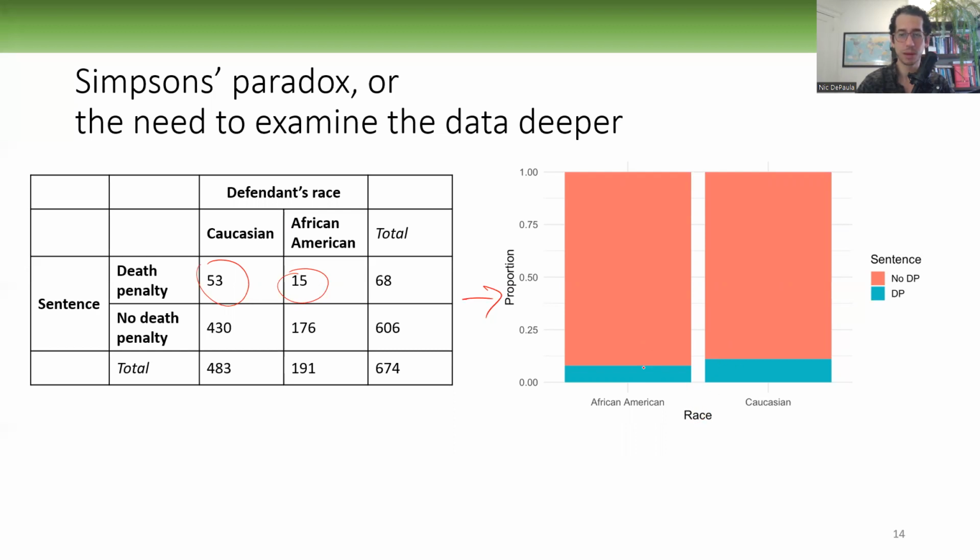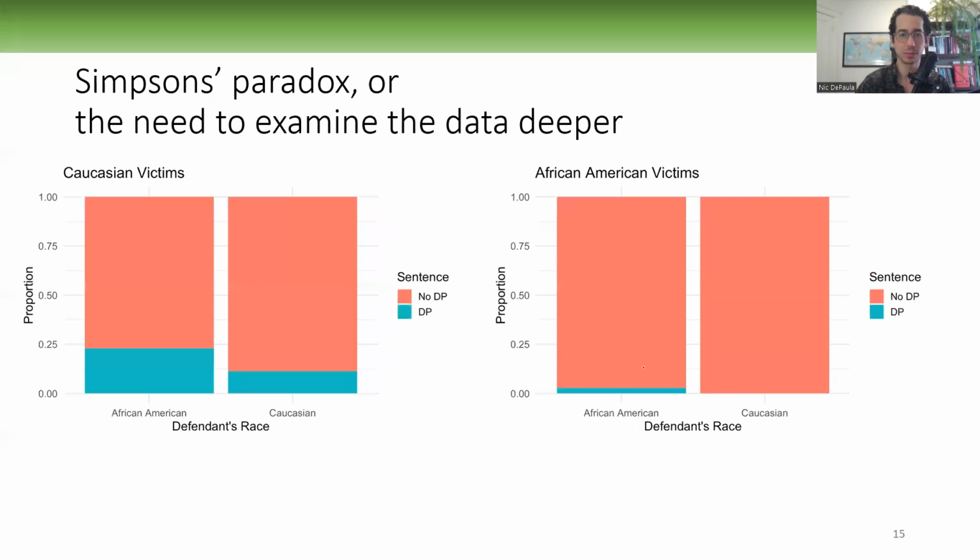The problem is that another relevant variable that is impacting these results that we're not looking at is the victim's race. So when we start looking at the victim's race, let's focus our attention on the left side, for Caucasian victims.